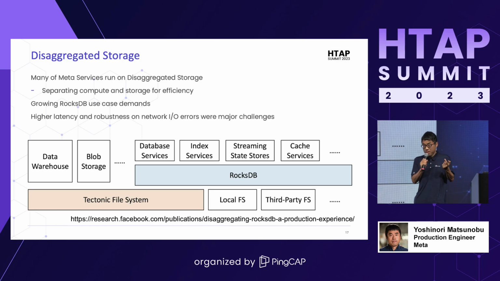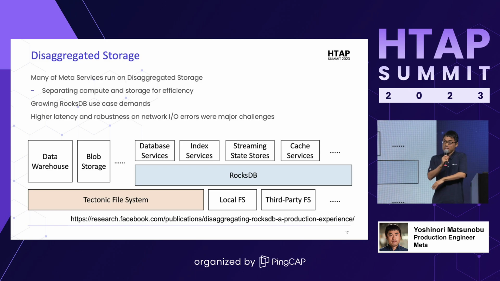In adopting the OLTP workload, there are two interesting challenges. One is higher latency for I/O. It's a network storage, so I/O latency is increased. The other is I/O errors due to networks. These lessons are a bit interesting, so let me talk a bit.